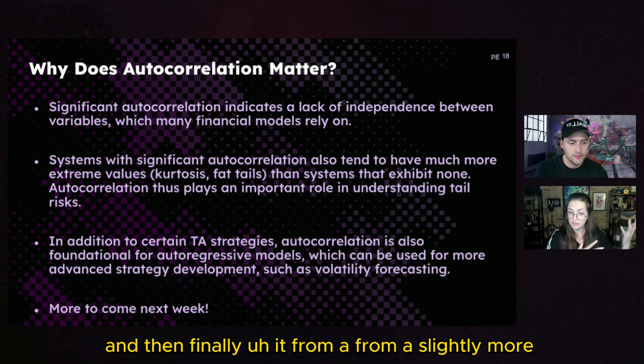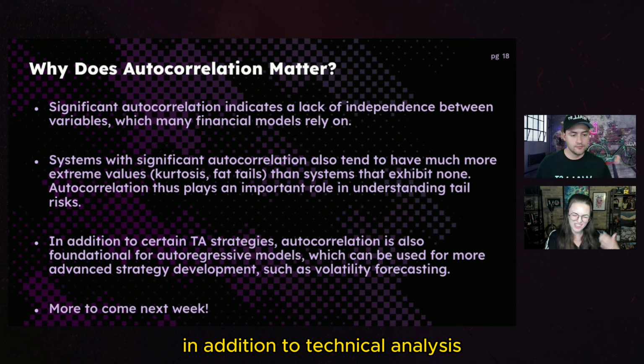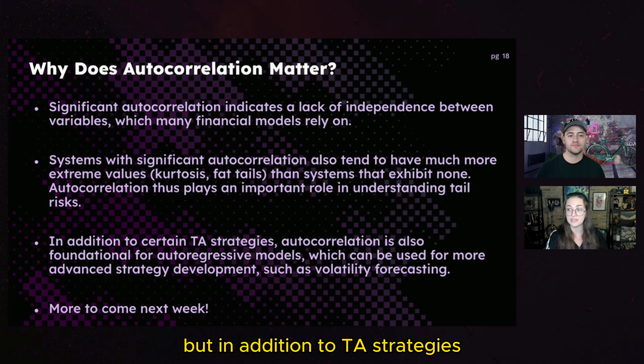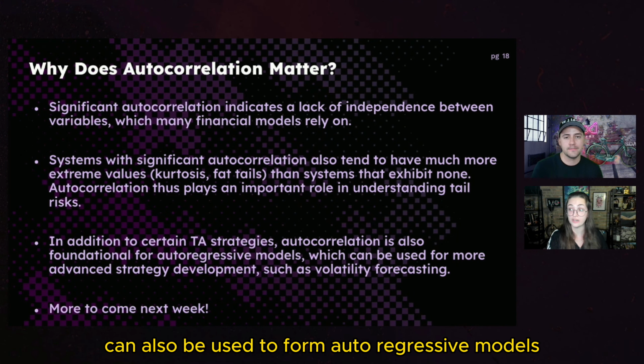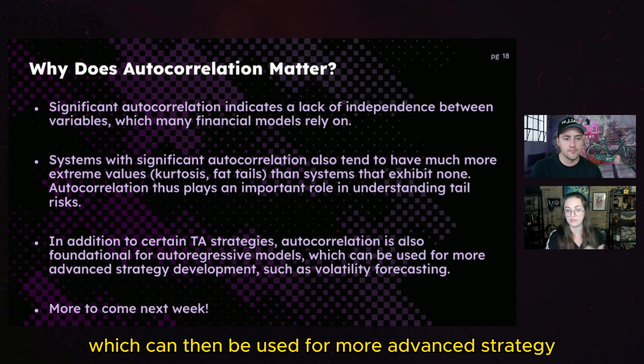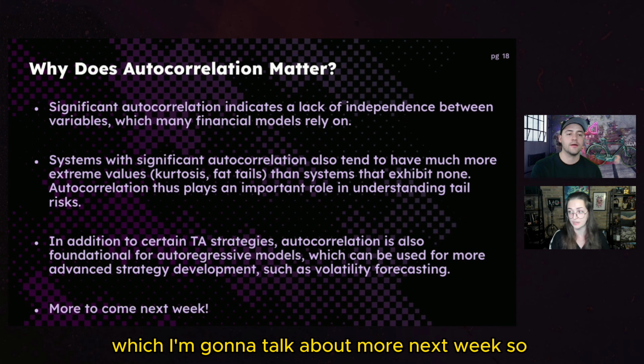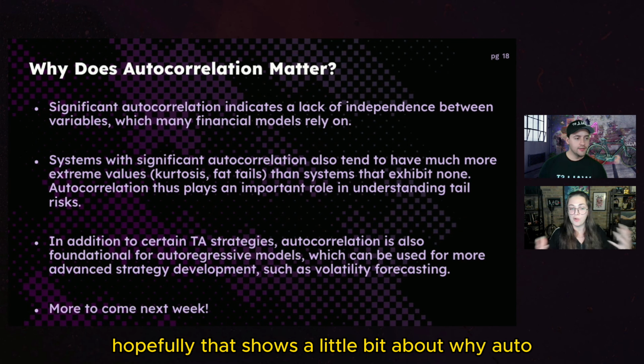And then finally, in addition to technical analysis strategies, which I personally don't use, autocorrelation can also be used to form autoregressive models, which can then be used for more advanced strategy development, such as volatility forecasting, which I'm going to talk about more next week.